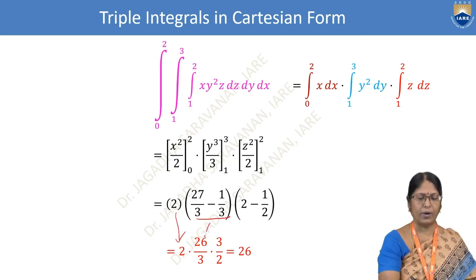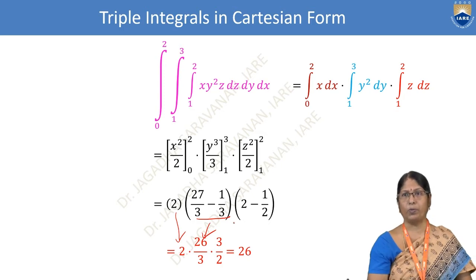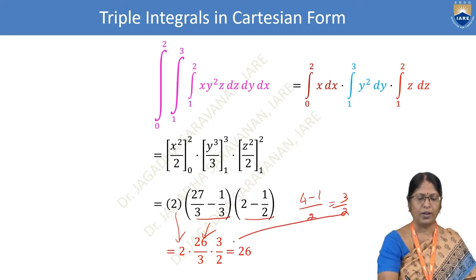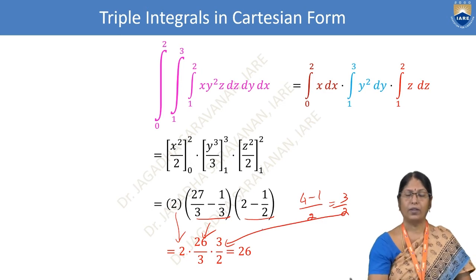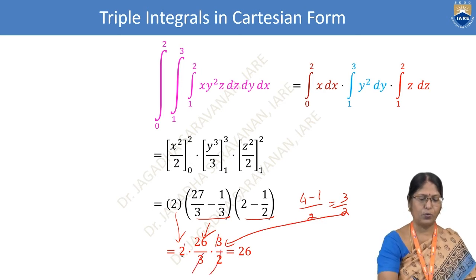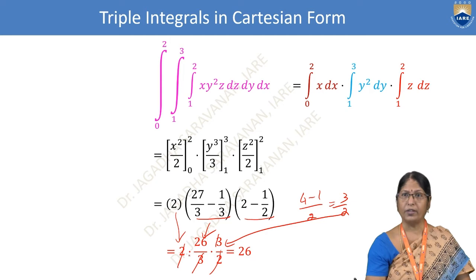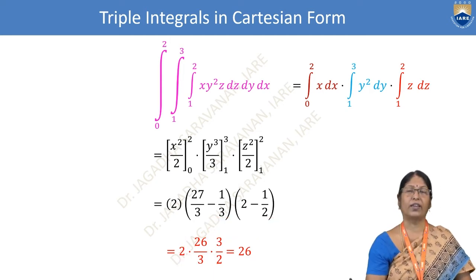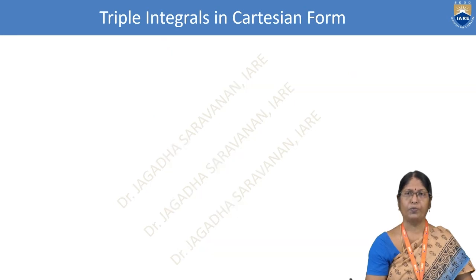This 27 minus 1 is 26 by 3, and this we are taking. So 4 minus 1 by 2 equals 3 by 2. It is written here. 3, 3 cancelled, 2, 2 cancelled. We got 26. So we completed the second problem also.